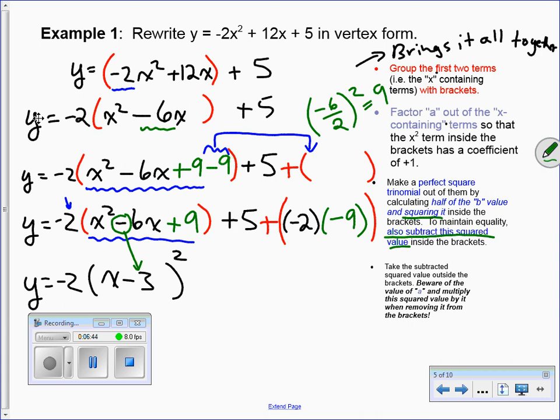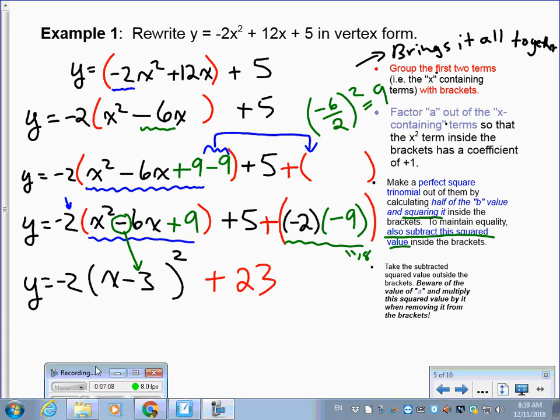It's going to be minus 3. And we already know the pattern for a perfect square. Now, this part here, the end, is negative 2 times positive 9, which equals what? Oh, that equals 18, isn't it? What's 18 plus 5? 18 plus 5 gives us 23.